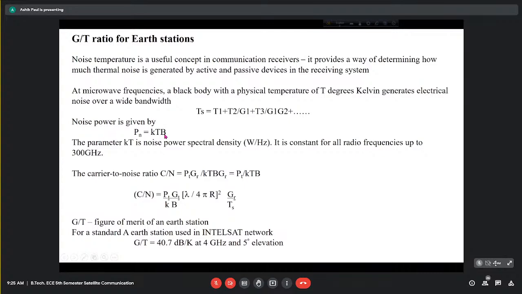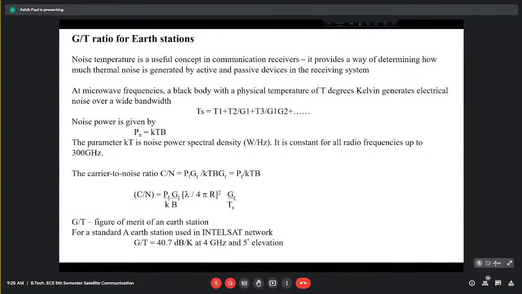So this T is the noise temperature of the associated device, and the product of k into T is the noise power spectral density. I think you have heard about Boltzmann's constant, right? Yes. This product of kT is invariant with frequency. For a particular device, it is a constant for all radio frequencies up to very high values of frequency, like maybe 300 gigahertz or so.